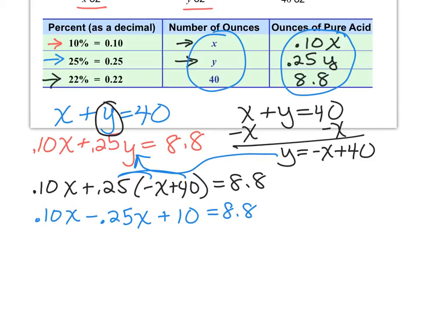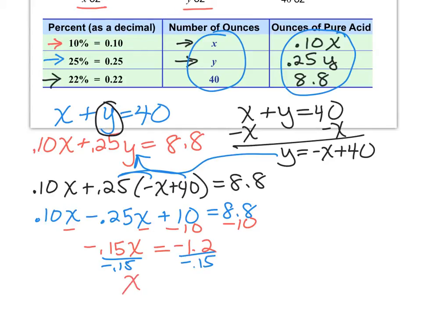I know that 0.10x minus 0.25x, these are both like terms. I can combine those to get negative 0.15x. I can also subtract 10 from both sides of this equation, so that I get negative 0.15x is equal to negative 1.2. Now by dividing both sides of this equation by negative 0.15, I can finally solve for x. So x is going to equal 8.